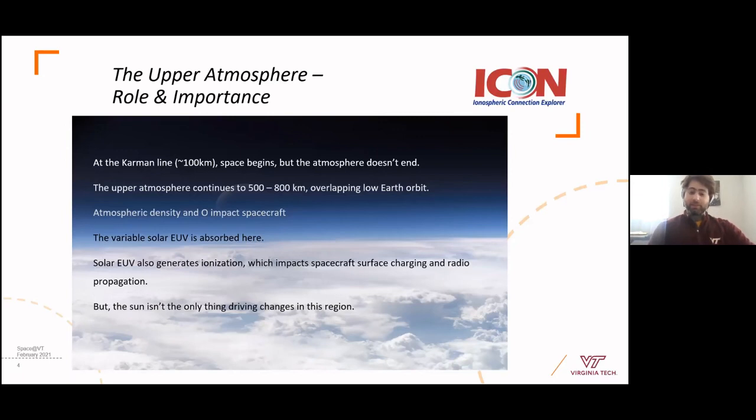The thermosphere refers to the neutral atmosphere, and the ionosphere is the plasma environment. The plasma itself is generated by solar UV. This is photoionization of these particles. But the sun is not the only thing that's going to change the structure and evolution of our ionosphere. So that's part of the thing we're going to study.